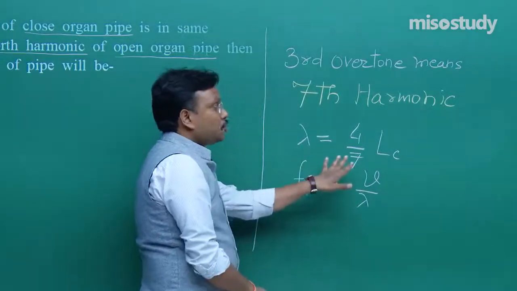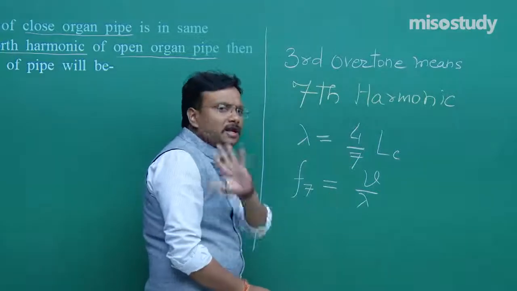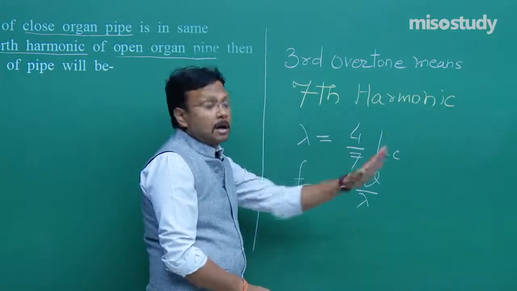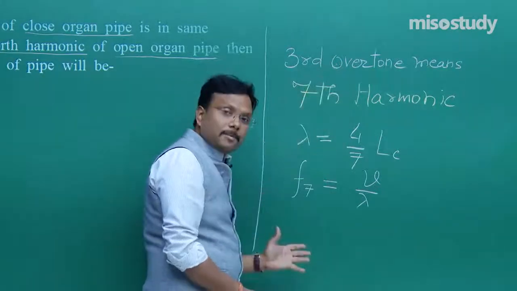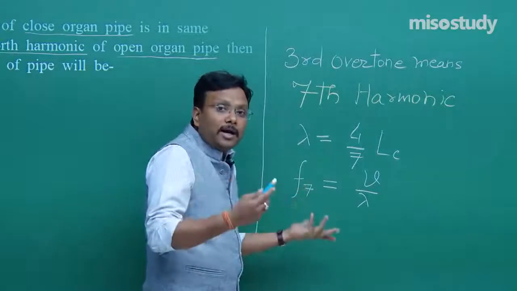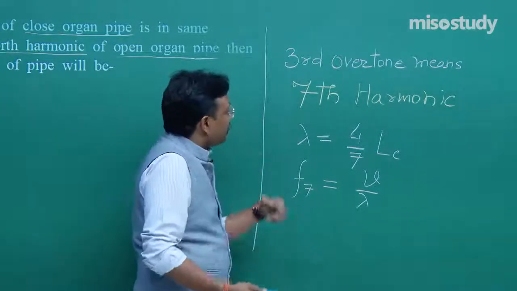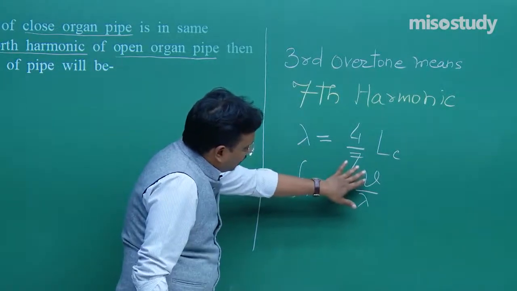Here I am just introducing the formulae and concepts. I know calculation is not a problem for you, but unless you have the awareness of these type of concepts and formulae, where you can calculate, what you can calculate, how you can calculate, fine. So, lambda is equal to 4 by 7 LC and F7 is equal to V upon lambda.